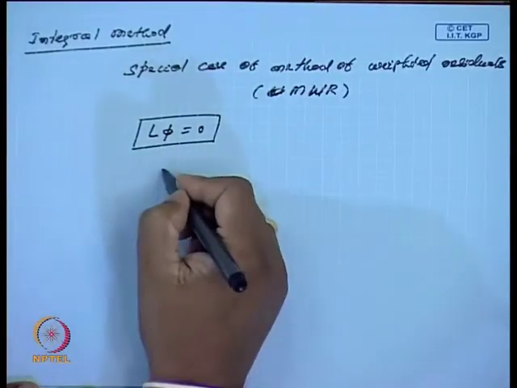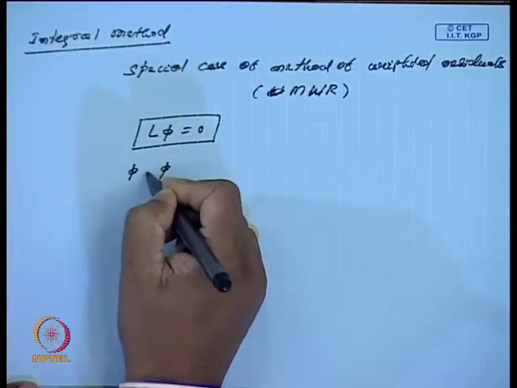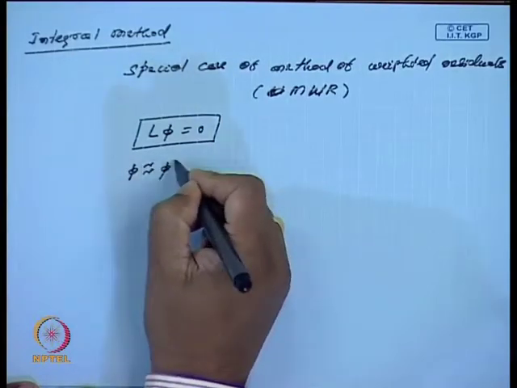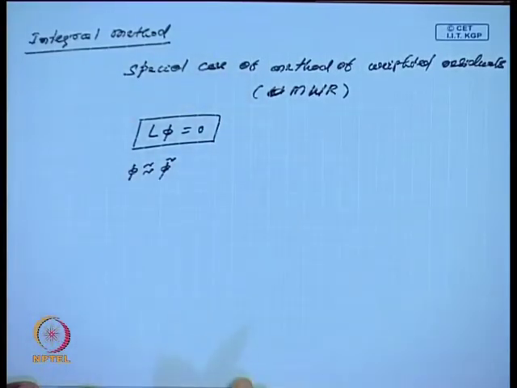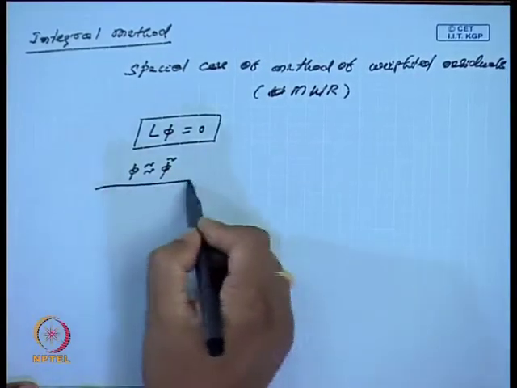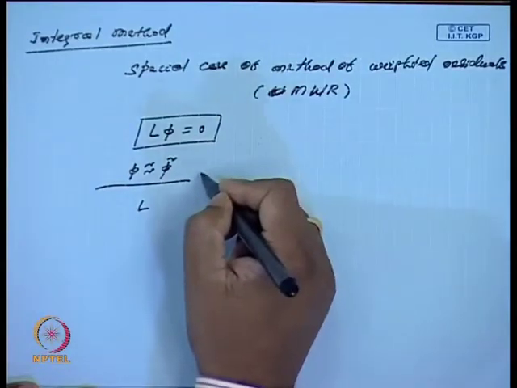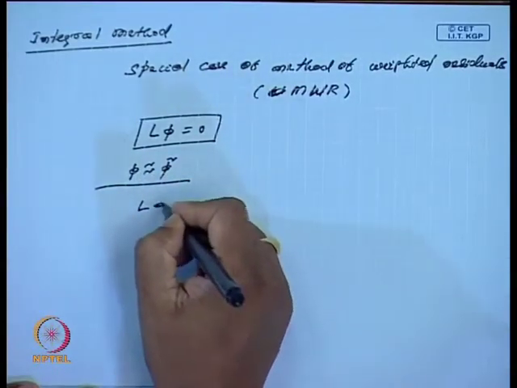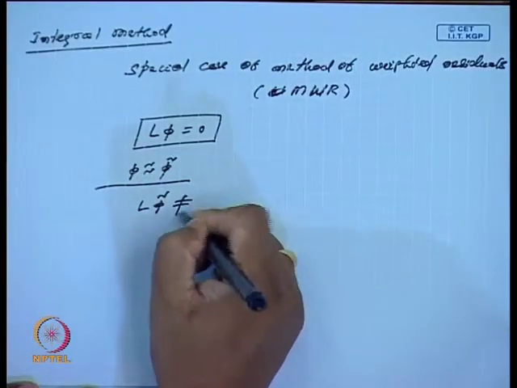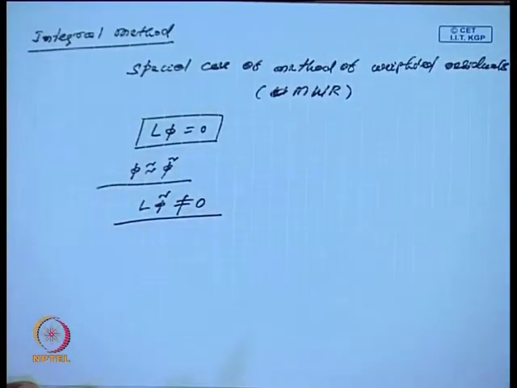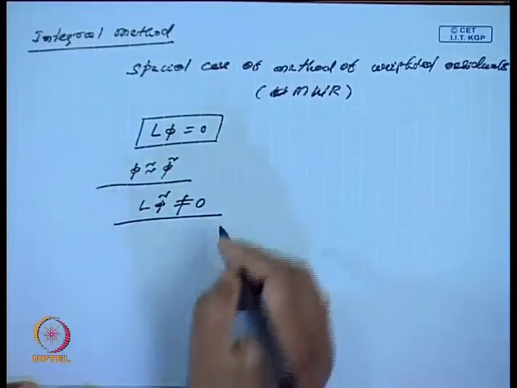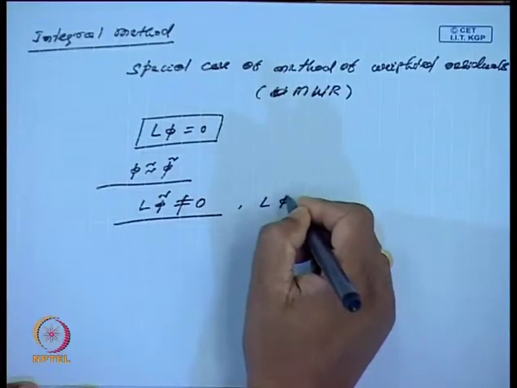We can approximate phi by phi tilde, the approximate solution. It is obvious that L phi tilde will not be 0, because phi tilde is only an approximate solution.